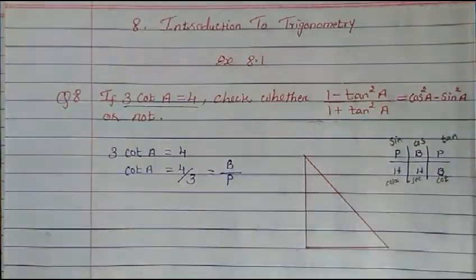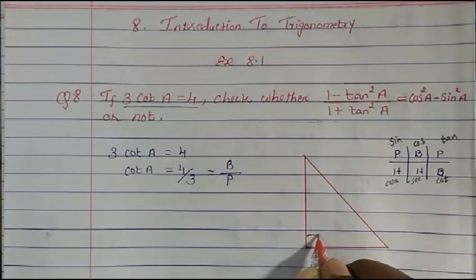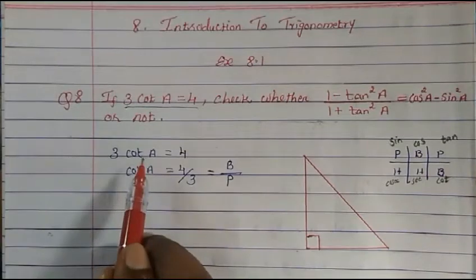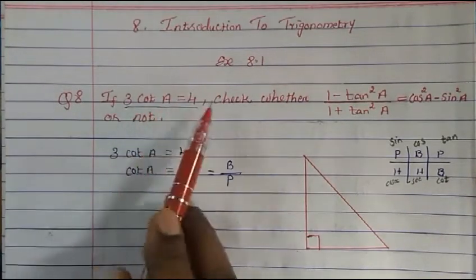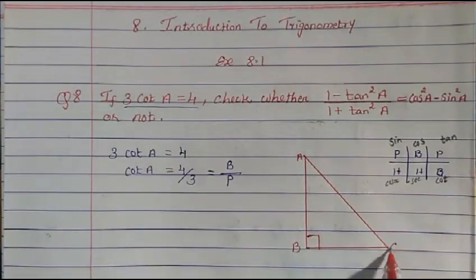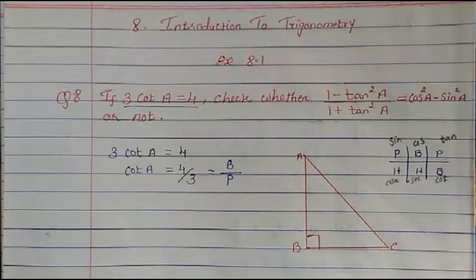Okay, this is our right angle triangle. 90 degree has to be there, and let us name it. Here cot A is given to us, which means A should be an acute angle.